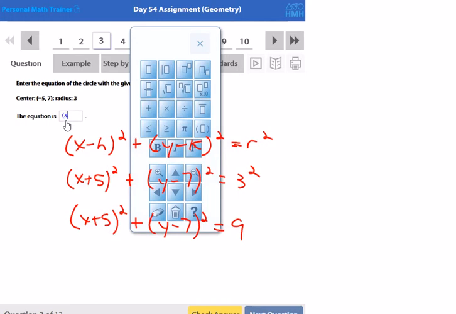So x plus 5 squared plus y minus 7 squared is equal to 9.